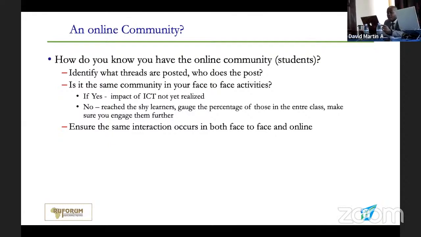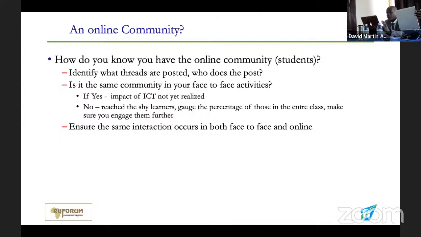Remember, in the physical classroom, there could be those we call the shy learners. These will be very, very quiet people in the physical classroom. But it could be different in the virtual classroom. So you need to understand your learners so that you can better provide for them.